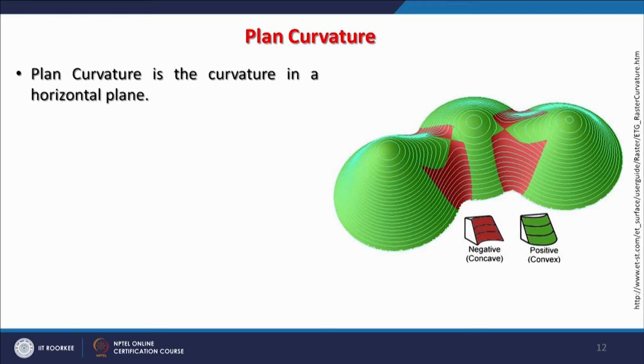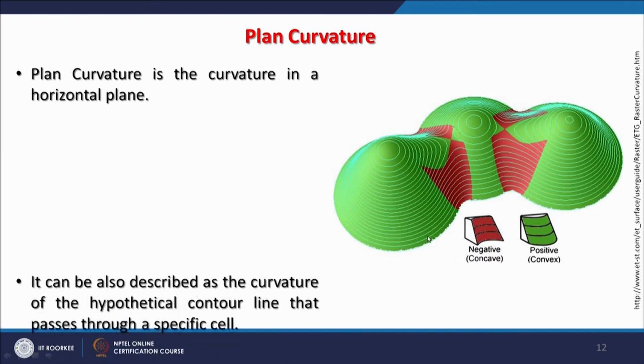As we can see, there can be two types of plan curvature: negative, that is concave, and positive, that is convex. Now the curvature of the slope, concave and convex, that means positive and negative, will behave differently in different natural processes, erosional processes or in other cases.